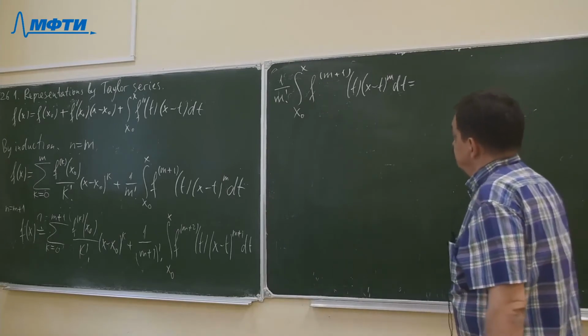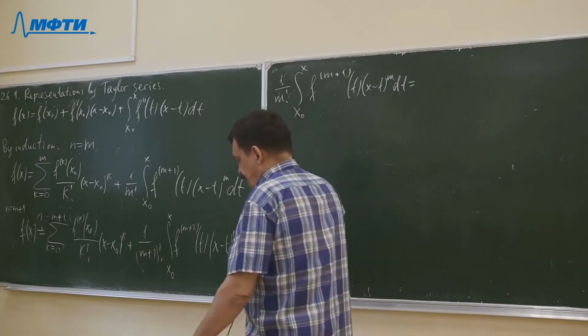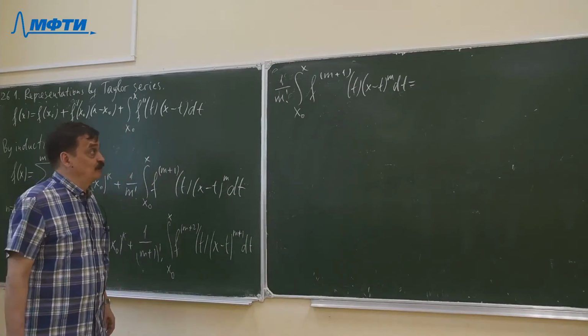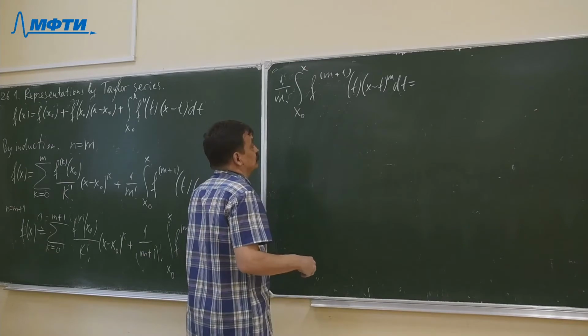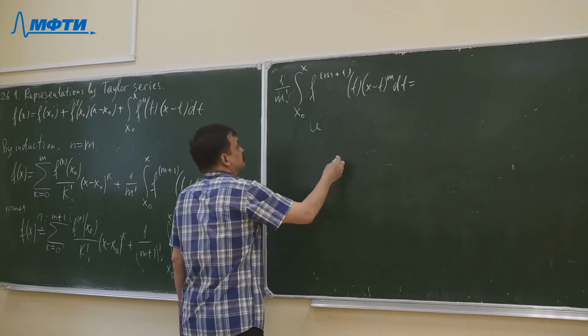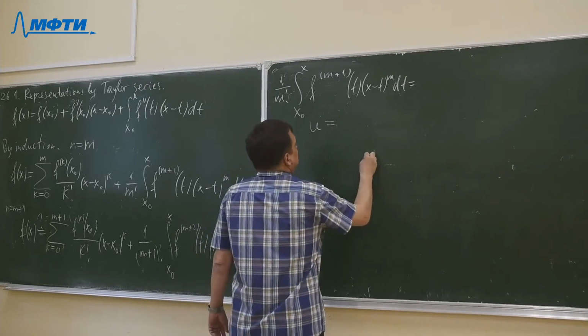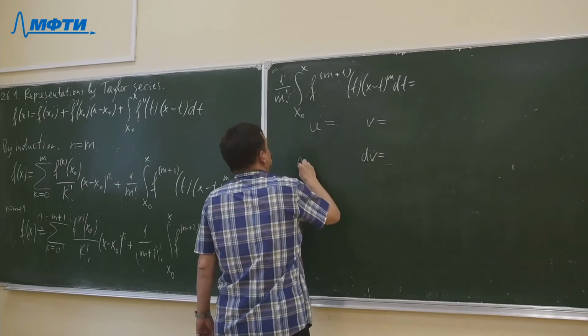So we proceed like we did for n equals 1. We apply the integration by parts formula. Let me do it using the standard table. u equals what, dv equals what, v equals, du equals.